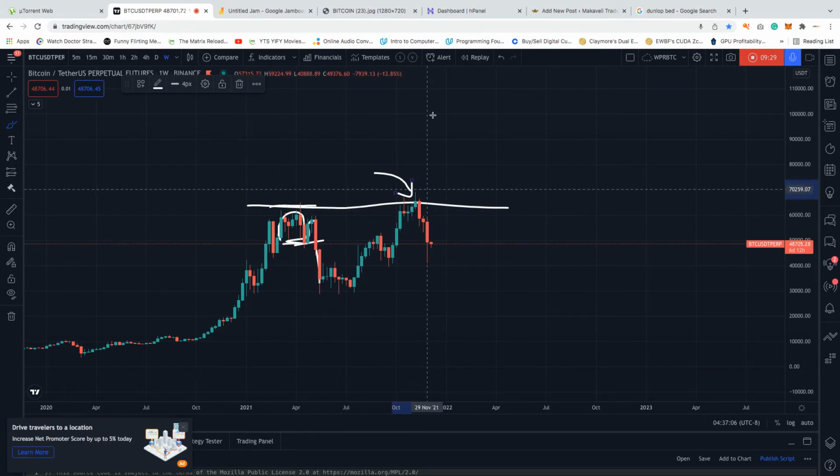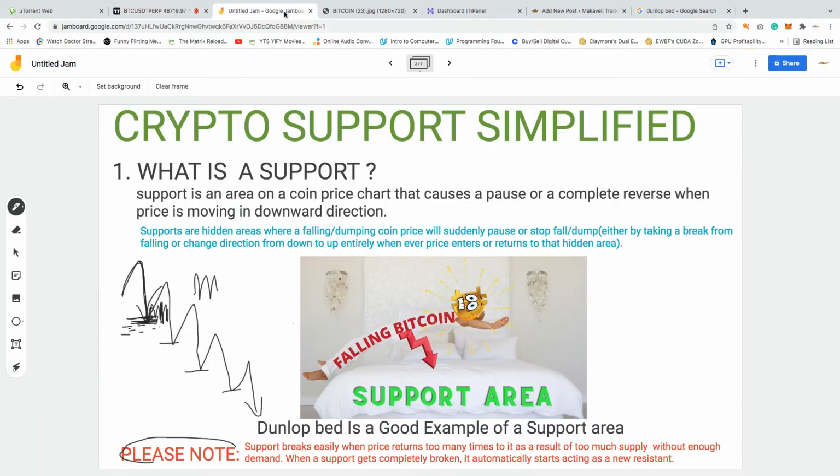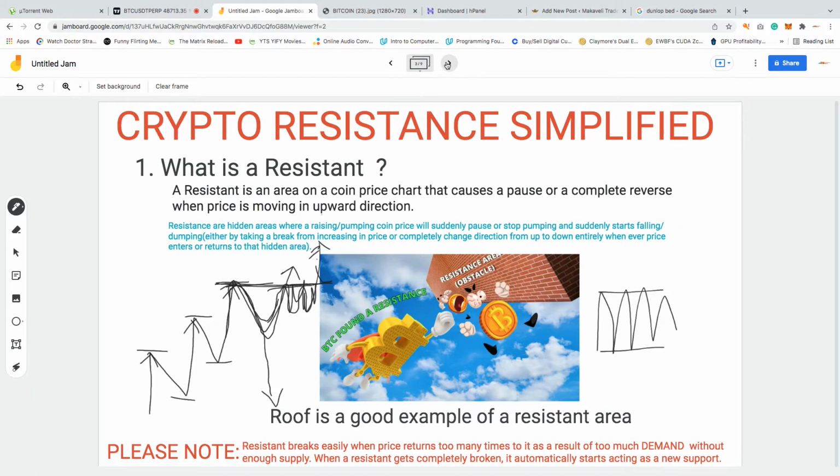Now this is what we're going to talk about when we start talking about how to draw support and resistance. So resistance, in another word, is like a roof, right? A roof that is breakable. An obstacle that when price first arrives at it, is likely to push price down. Now, the multiple times price comes back to it after being pushed down is likely going to lead to it breaking through.